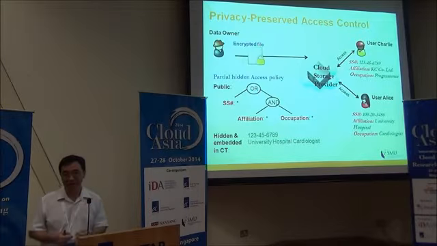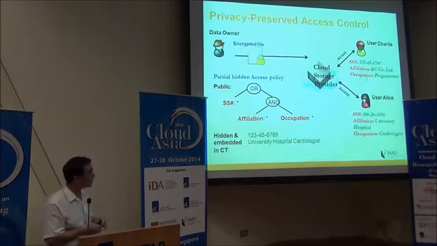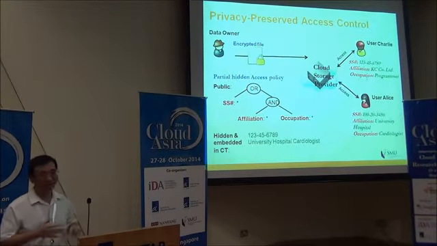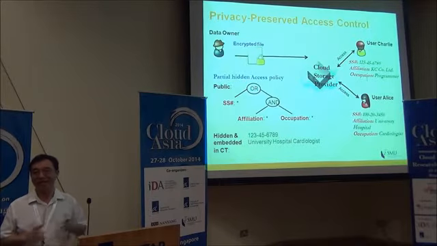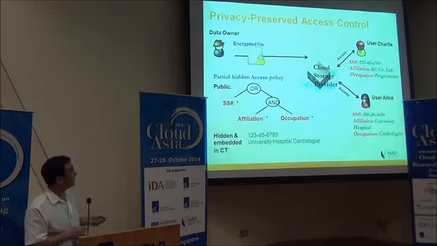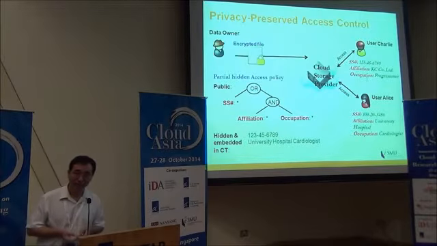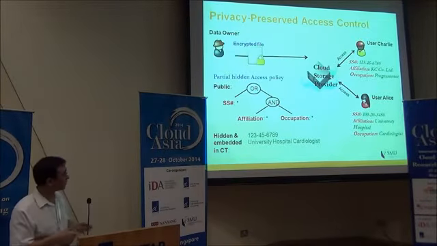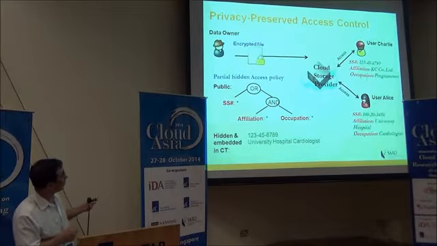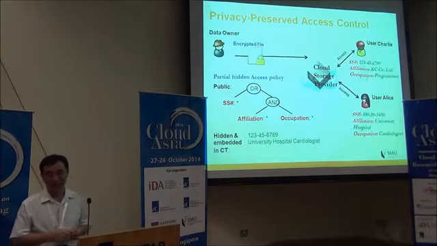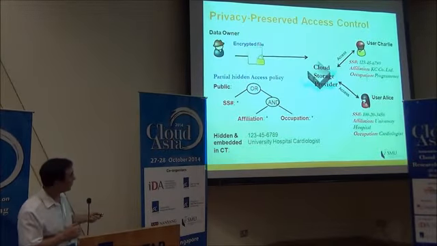So in the end, what do we get? This is just to summarize how the system works. Using attribute-based encryption for the cloud storage, the user encrypts the data and at the same time generates an access control policy.